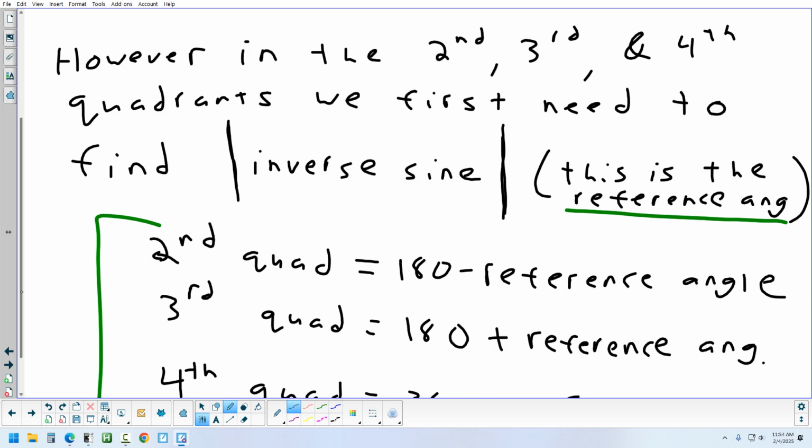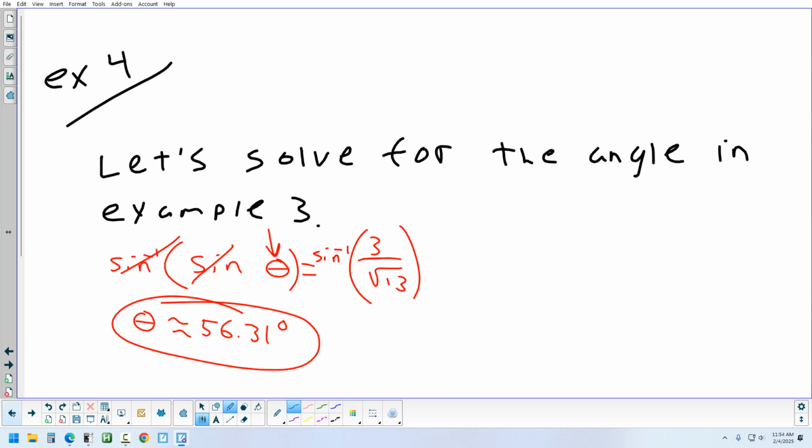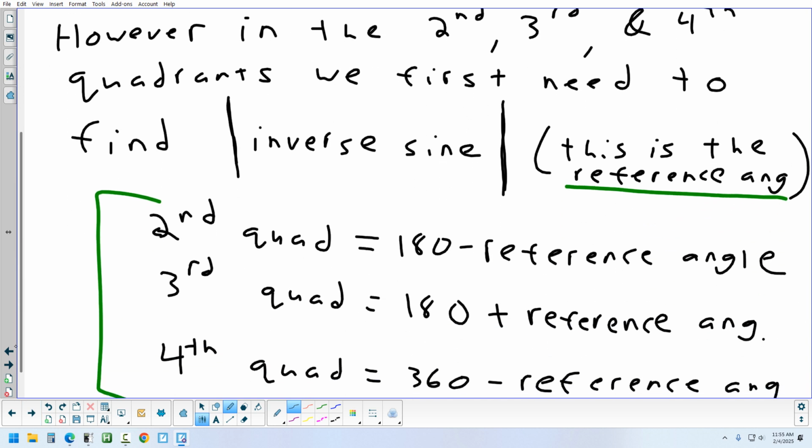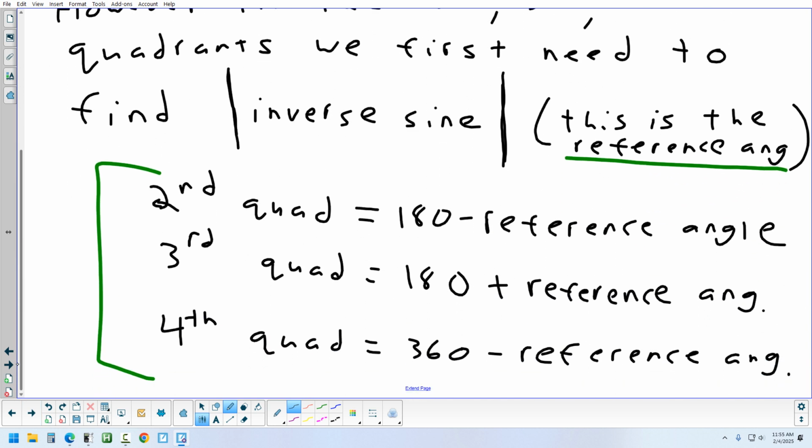So to find your reference angle, do the inverse sine, just like we did right here, and always take the absolute value of it. I didn't take the absolute value here because it was already positive. Once you get that number, that is your reference angle.